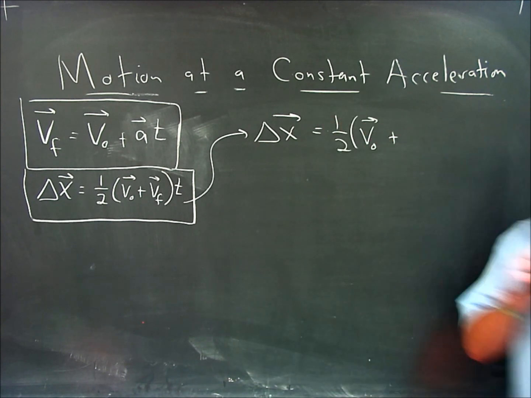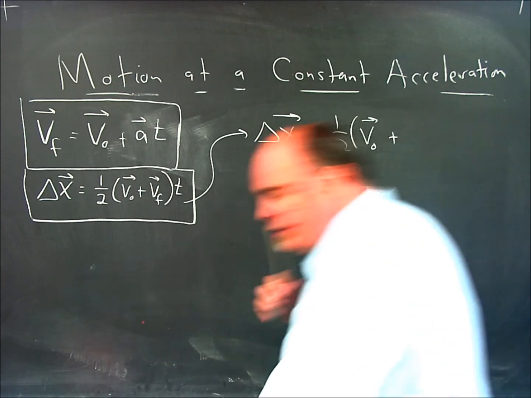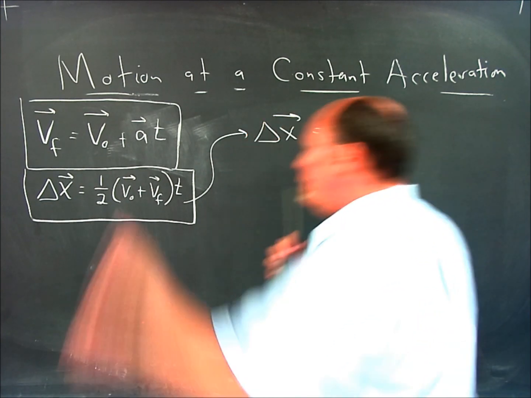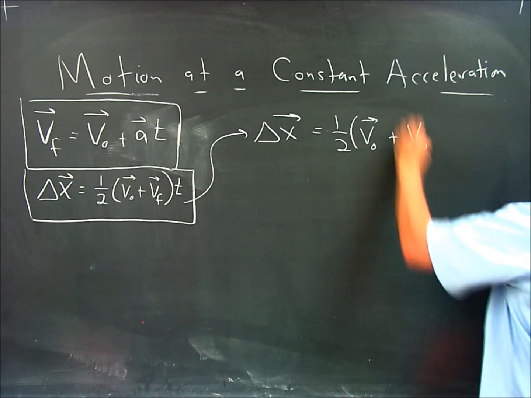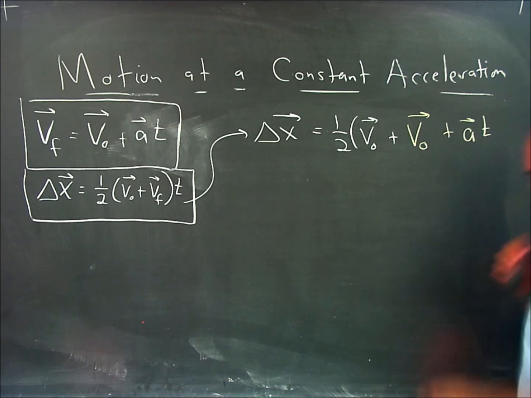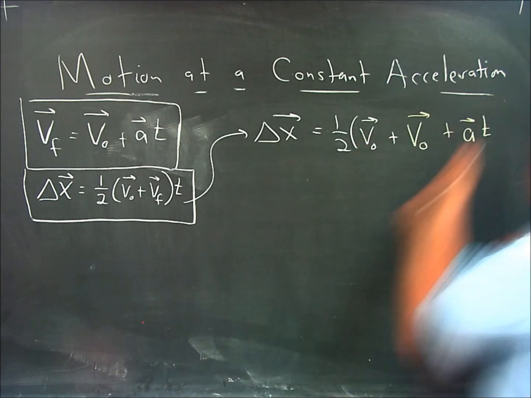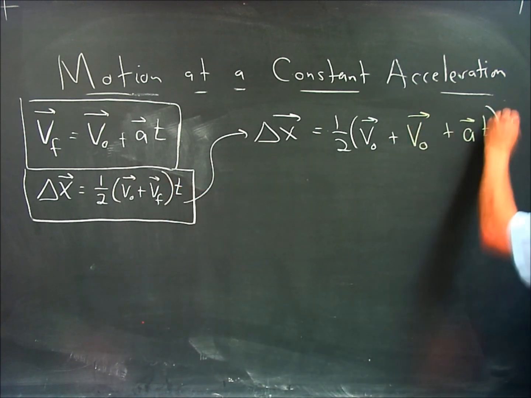Now, instead of writing the next piece, I would like to use, what does v final equal? So v final equals v initial plus a times t. And now I close the parentheses and I put that t right there.